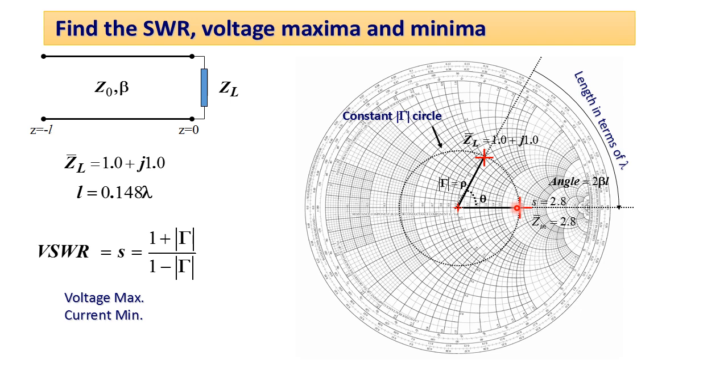So we can find the value of SWR in this way, and then the magnitude and angle will give us the voltage reflection coefficient. In addition to that, this is the point of voltage maxima, and this is the point of voltage minima. In this way we can find all the standing wave parameters using the Smith chart.